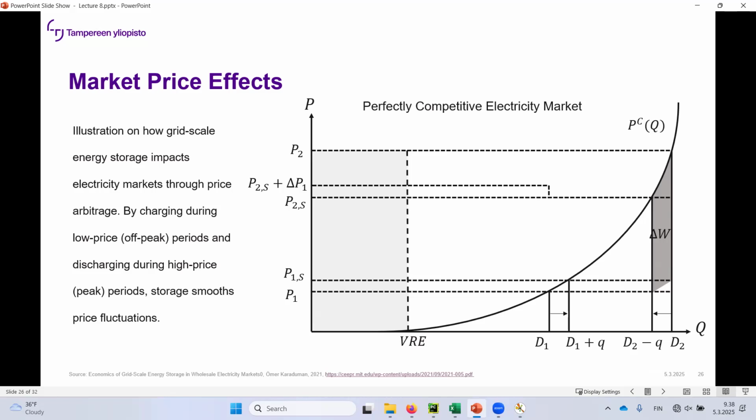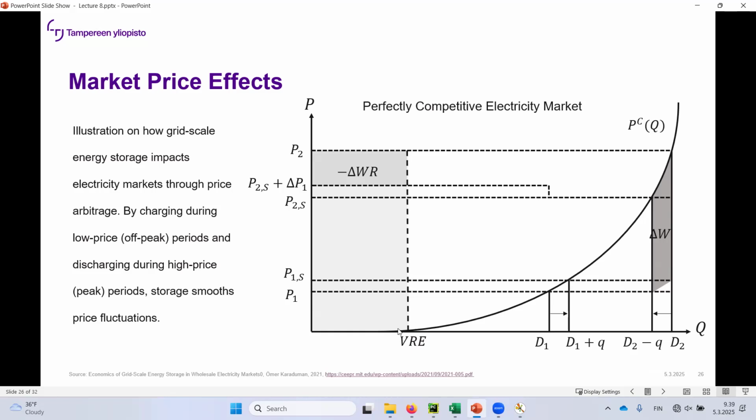The profits in here are going to go up. The variable renewable energy is going to lose this amount of production. So let's see. The production was at first this one. Now, when the battery is going to increase the price, I'm going to show you with the mouse in here so the Zoom people can see it as well.